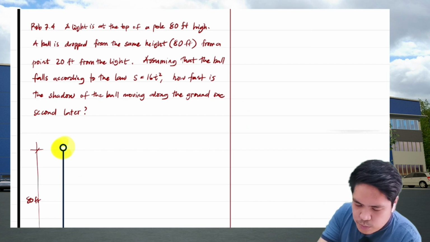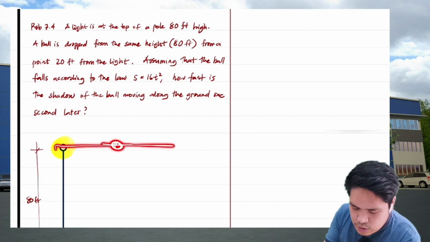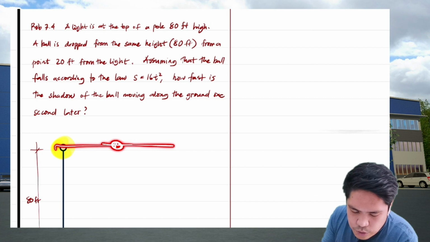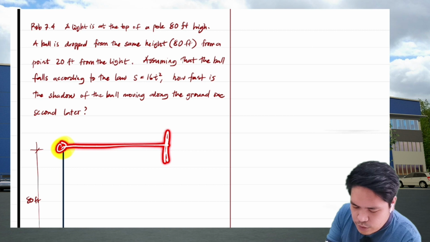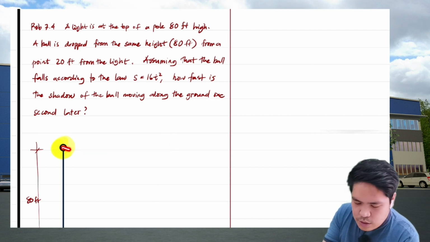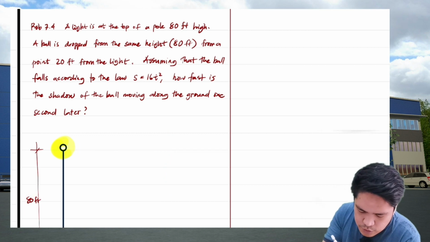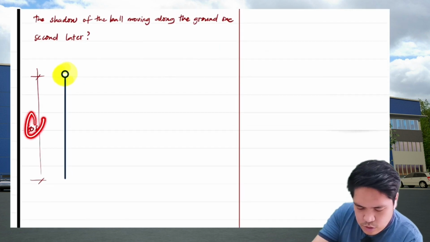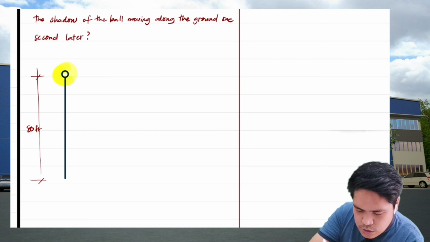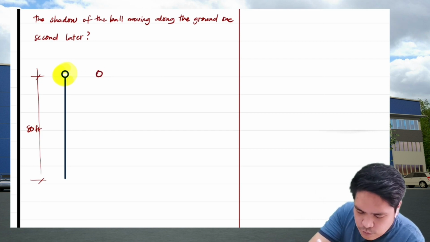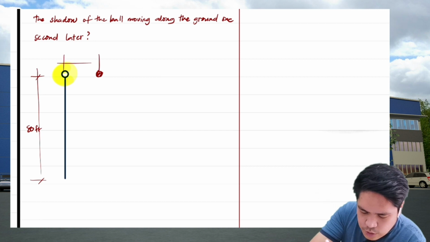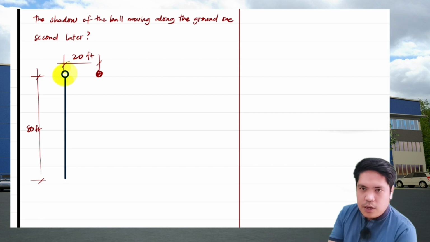So, from this level, merong dinrop na ball from a point 20 feet from the light. So, from this light, 20 feet, eto yung location ng ball na i-drop. So, if this is 80, 20 is just right around here. So, let's say this is the initial position of the ball, and this is located at 20 feet from the light.